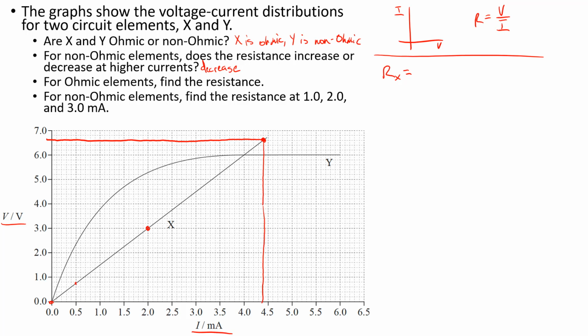Voltage is 6.6 volts, over my current of 4.4 milliamps. 6.6 over 4.4, I think it's 1.5. So it's 1.5, and since we're dividing by milliamps, that's going to be the same as kilo ohms. 1.5 thousand ohms.